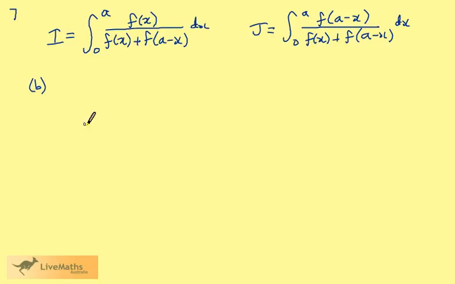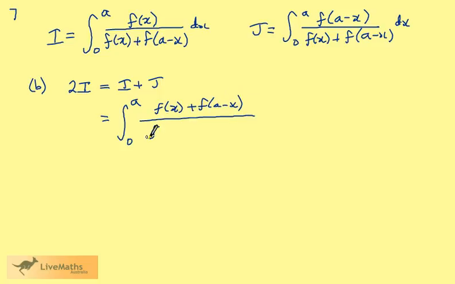In part B, we're asked to evaluate I in terms of a. We know that I and J are equal, so 2I is equal to I plus J. If we add these, we get the integral from 0 to a of f of x plus f of a minus x over f of x plus f of a minus x dx, and that's just the integral of 1 dx.